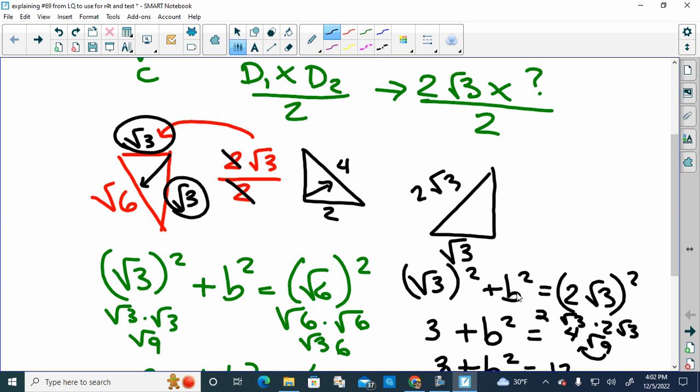Then I have my b squared, bring that down. Now I need to square my c, which was 2 rad 3. So I'm going 2 rad 3 times 2 rad 3. Whole number times whole number, so 2 times 2 would give me 4. Radical times radical, so rad 3 times rad 3 would give me rad 9.